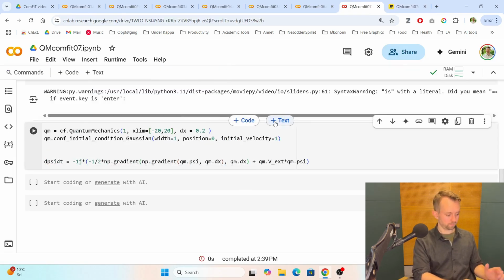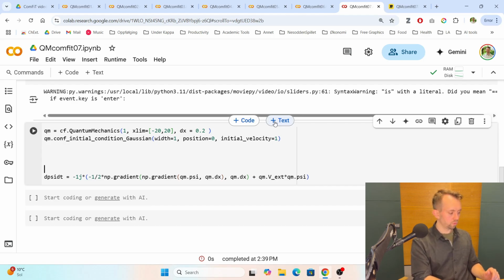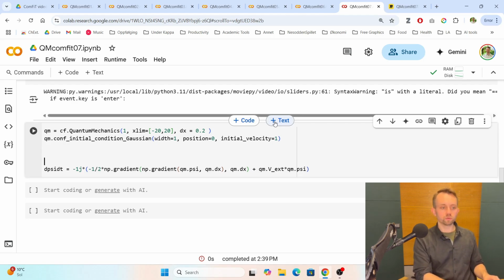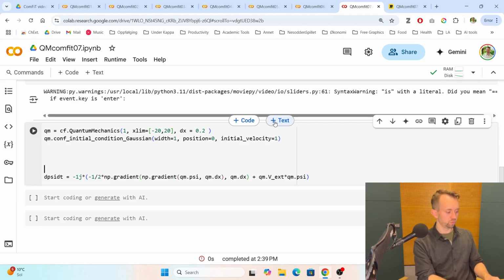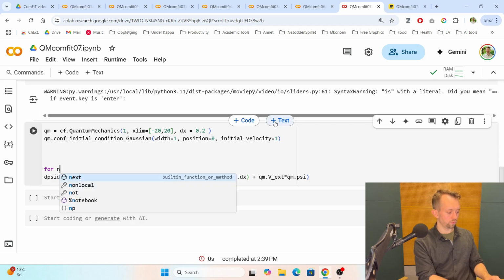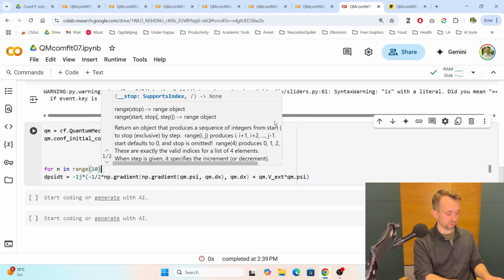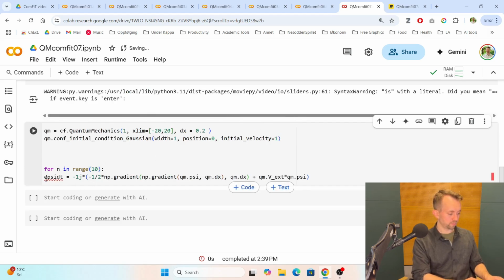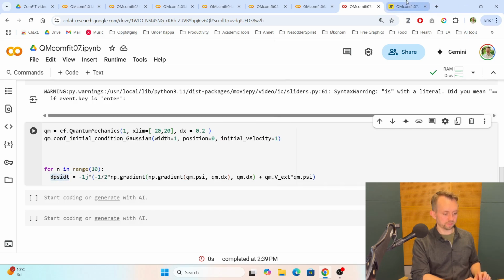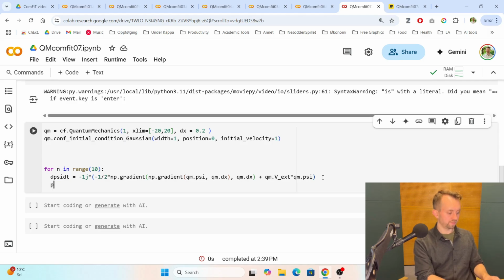The way to do a very simple forward Euler integration is to create a loop where we go through some time steps. So for n in range, let's just do it for 10 time steps to begin with and hope nothing breaks. For each time step, we calculate the right-hand side of this equation, d psi dt, and then we update the value of psi.